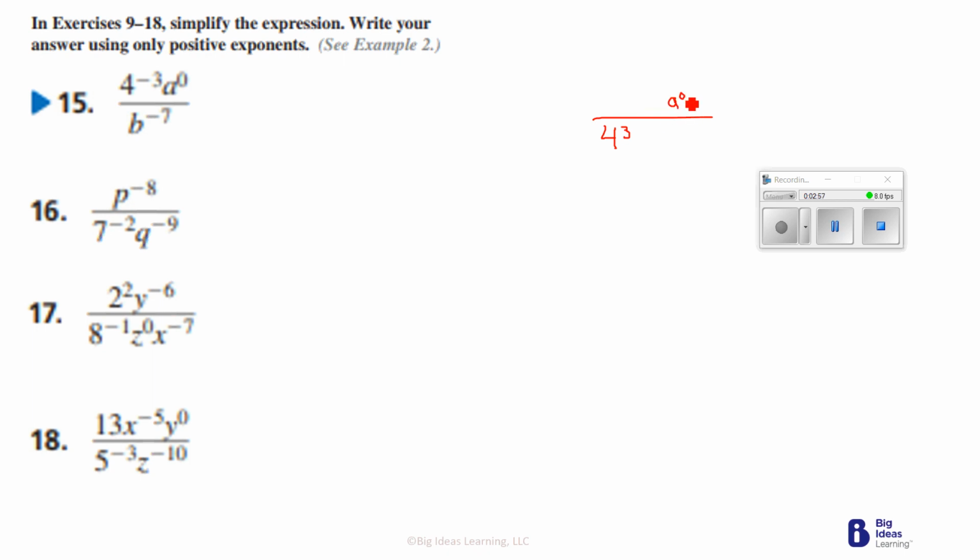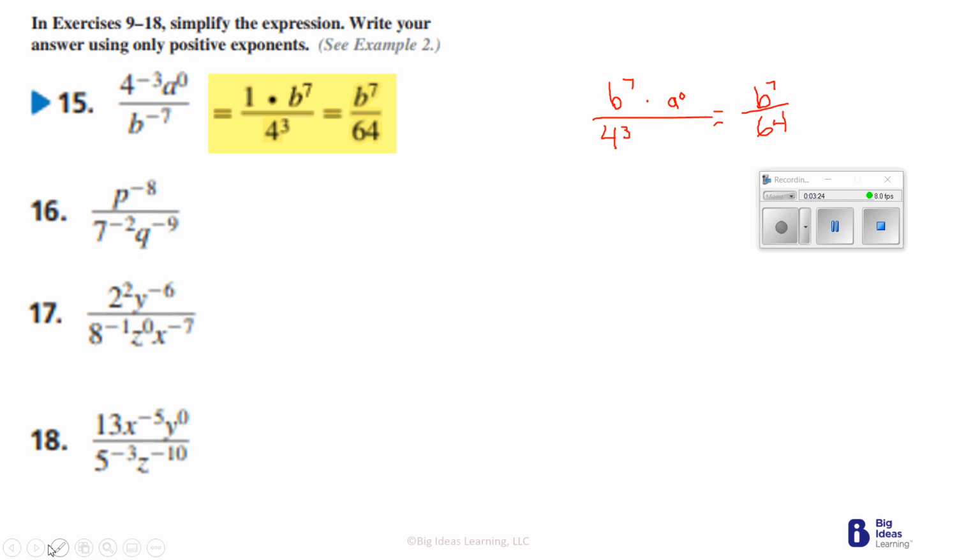Of course, a to the 0 power equals 1. That b to the negative 7th power can become b to the 7th power up there. As I said, anything to the 0 power is times 1, so this is going to remain b to the 7th power. 4 to the 3rd power is 64, because 4 times 4 is 16, and 16 times 4 is 64. This should be my answer: b to the 7th over 64.